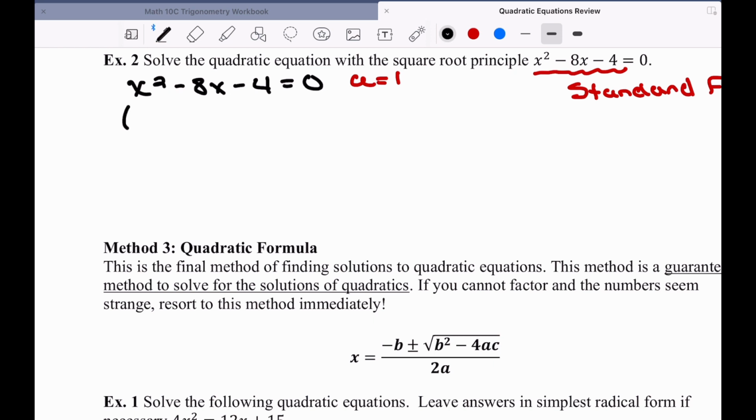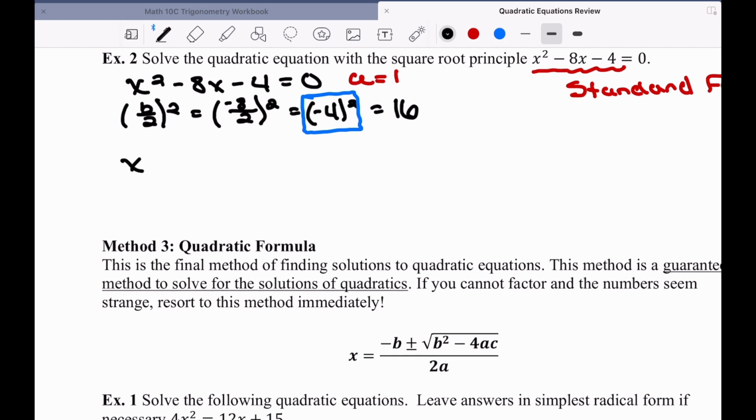So I have b over 2 squared, where b in this case is negative 8, so negative 8 over 2 squared, which is equal to negative 4 squared, which is equal to 16. Now let's clearly keep track of this, because this is going to play a large role in how our final solution looks.